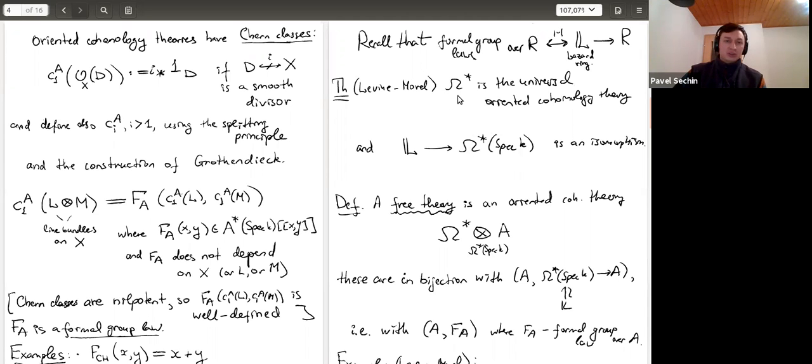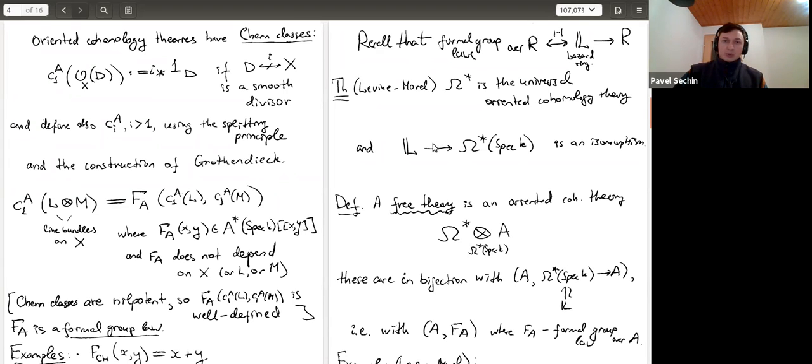So the algebraic cobordism, being an oriented cohomology theory, has Chern classes, and because it has Chern classes, it has the formal group law, and because it has the formal group law, there is a canonical morphism from the Lazard ring to the ring of coefficients of algebraic cobordism. And the theorem of Levine-Morel tells us this is an isomorphism. Also, algebraic cobordism is the universal oriented cohomology theory, though we might not use it.